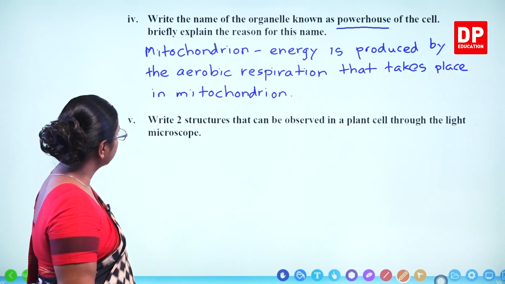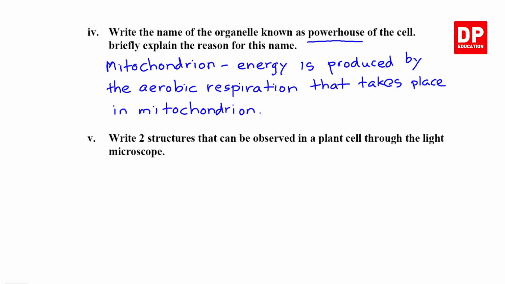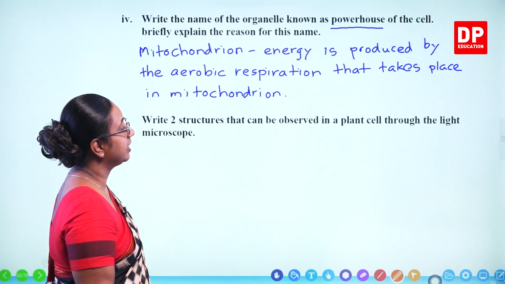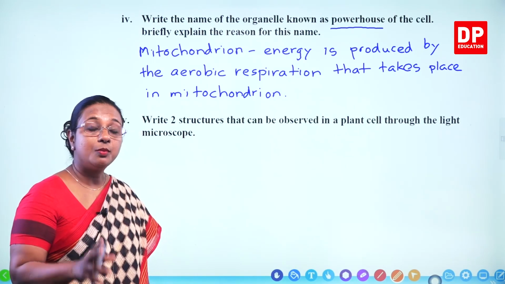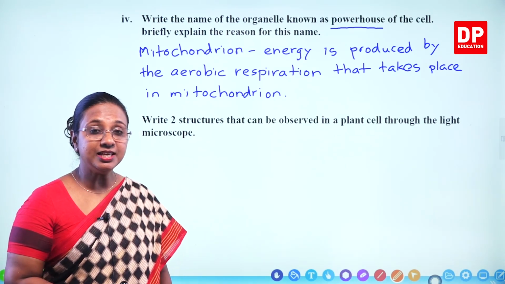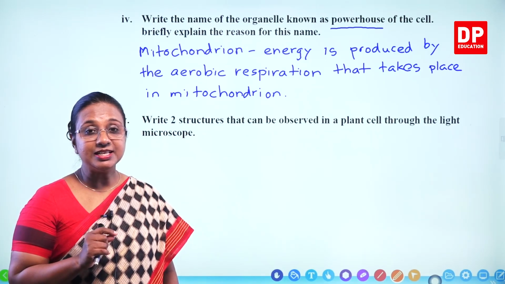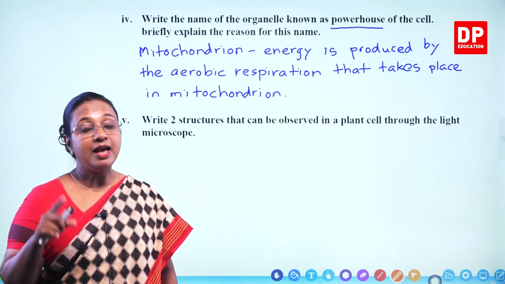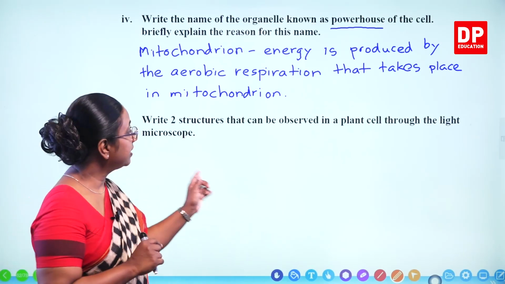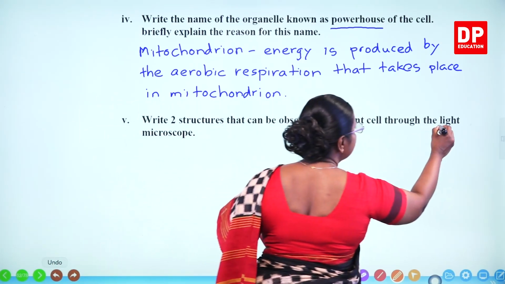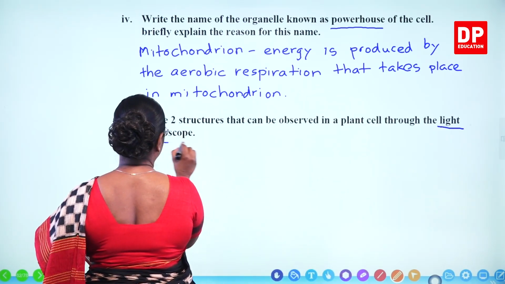Then the next question, write two structures that can be observed in a plant cell through the light microscope. What are the structures you can see? You can see the cell wall and you can see the nucleus because it is through the light microscope.